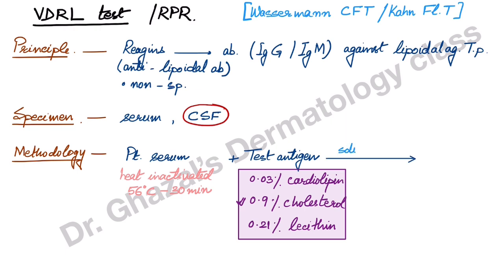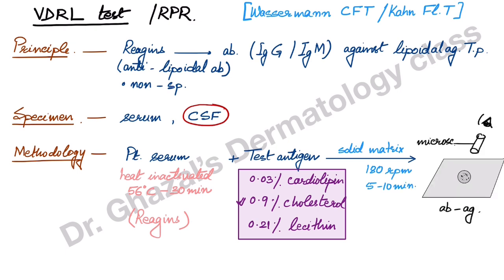Now, after mixing on a slide, they are rotated at 180 rotations per minute for about 8 minutes. Then they are observed under a microscope. The antibody reagins will react with the test antigen.